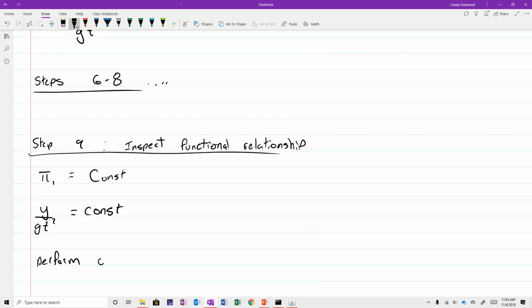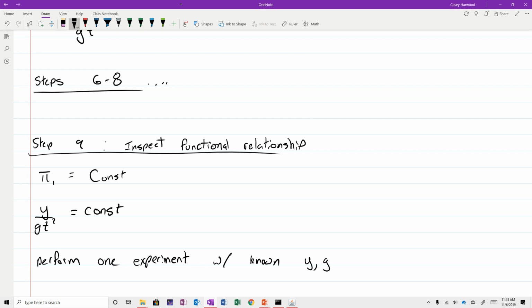So we can perform one experiment with known y and g, or we could see how far something falls in a given time.